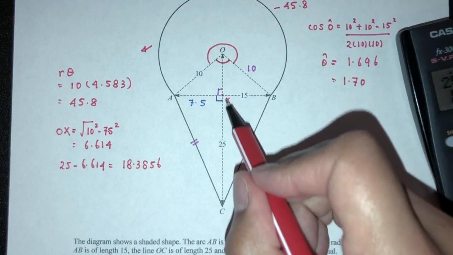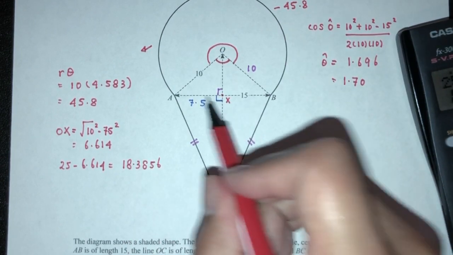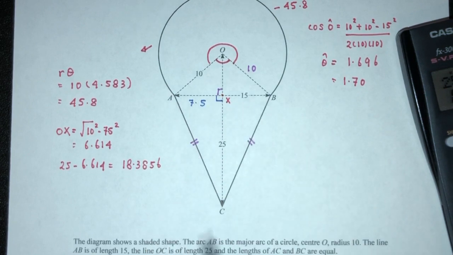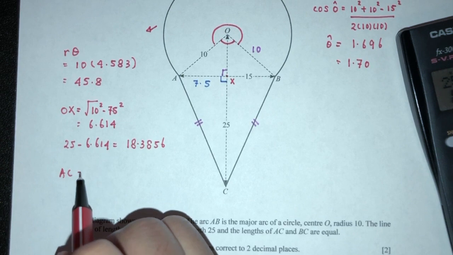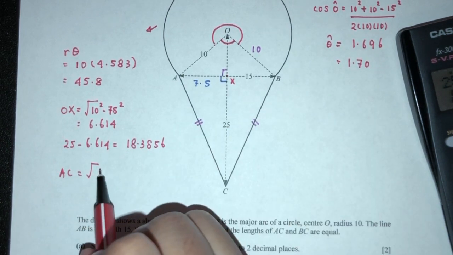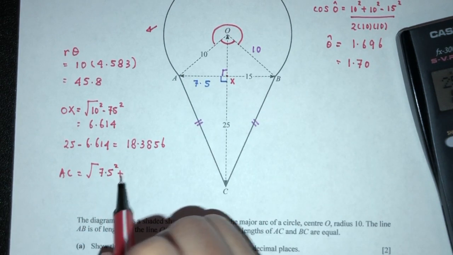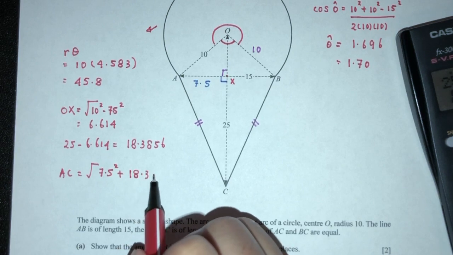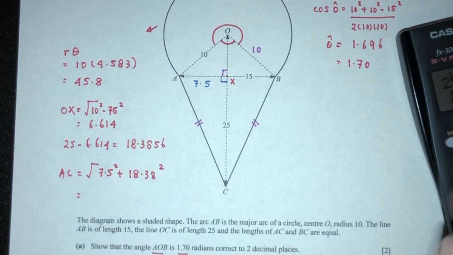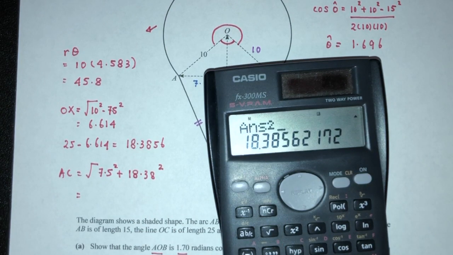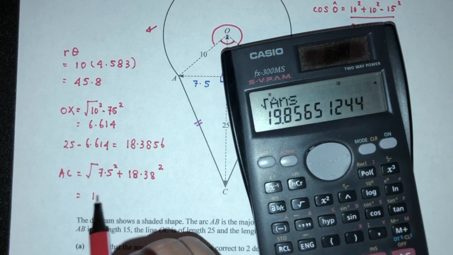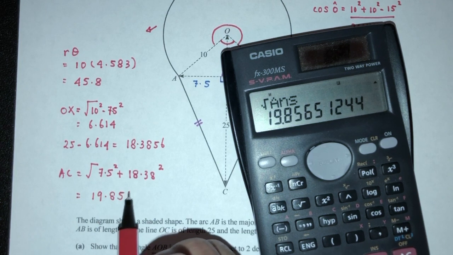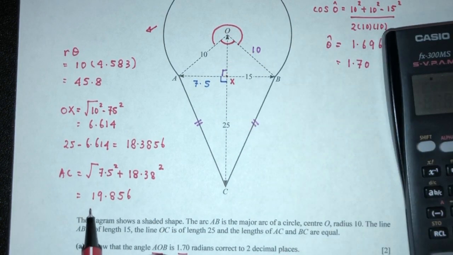Now, if this is 18.3856, this is 7.5, this can be found by using again the Pythagoras theorem. So AC will be root of 7.5 square plus 18.38 square. Root of that will be 19.856. So correct to 3 SF, that should be 19.9 for this one.